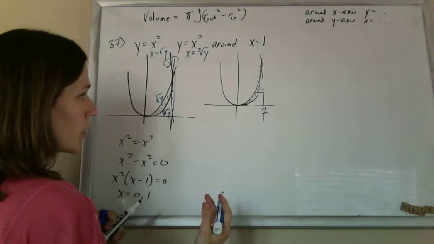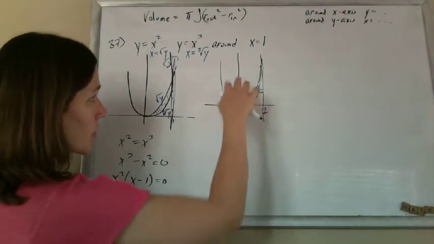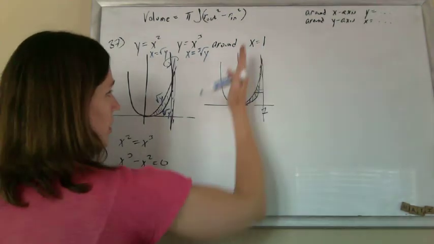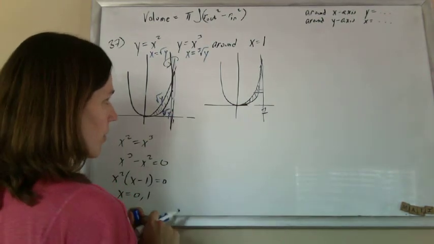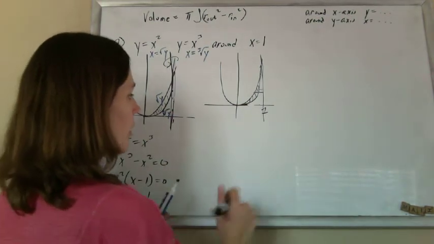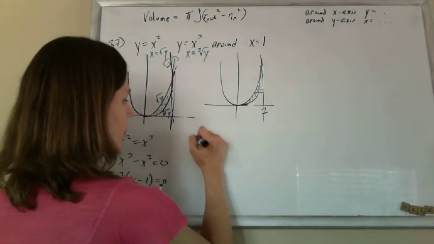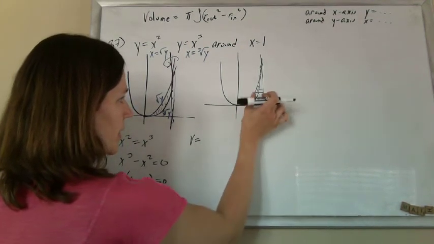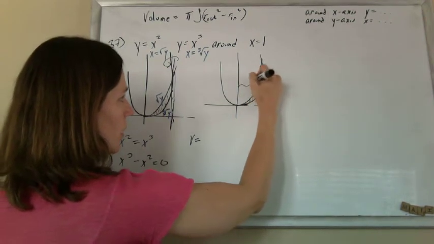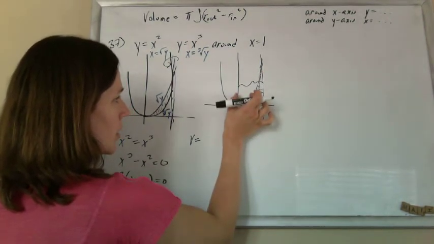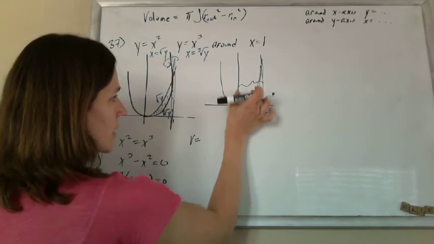So there's 2 radii here, and because we're going around a funky axis and not just one of the normal y or x axes here, we have to be very, very careful. It's not just going to be our function. So our volume is going to be this length here. That radius is not the full 1 long, right? That would be 1, but it's 1 minus the length of the function.